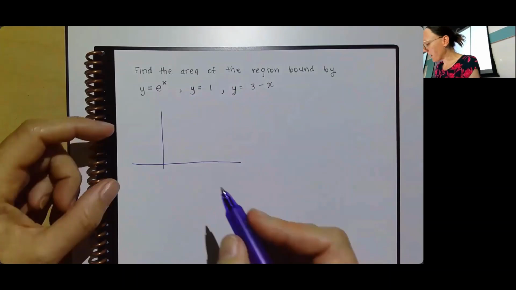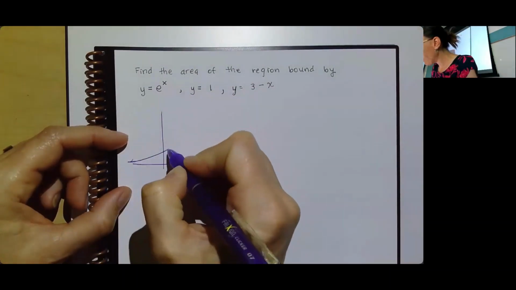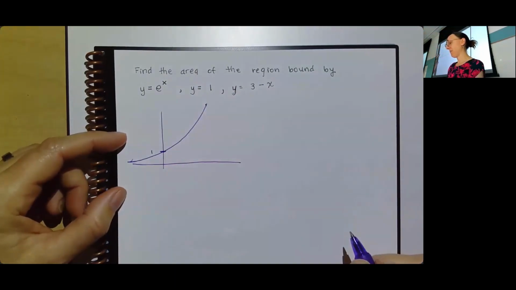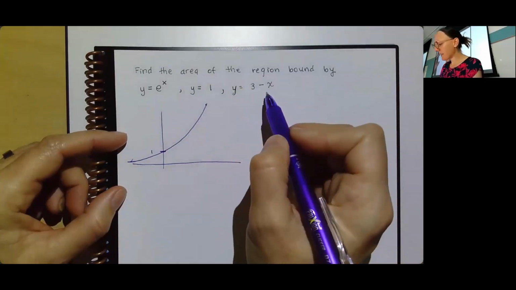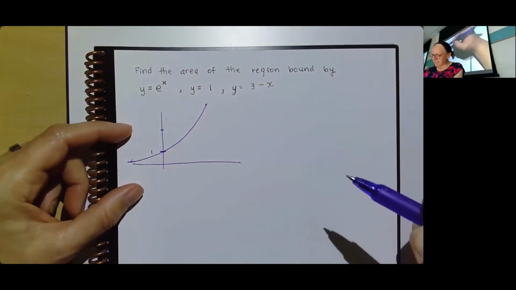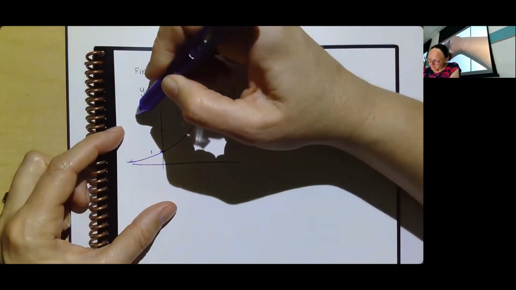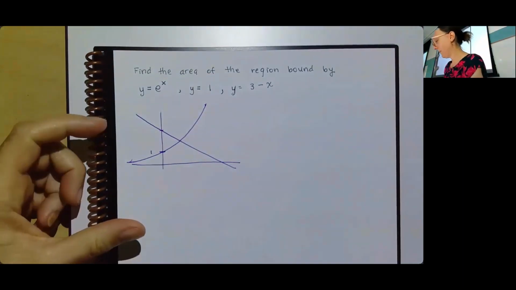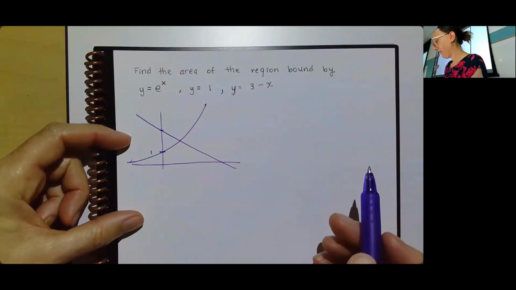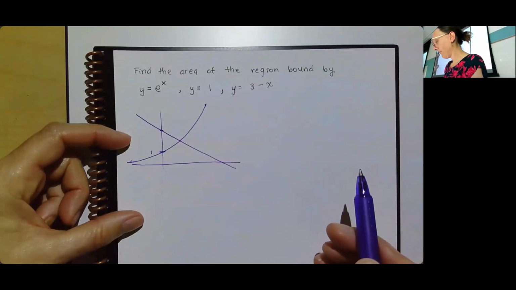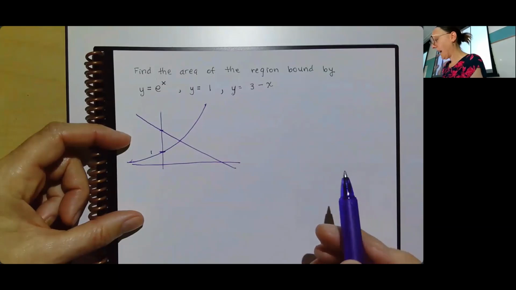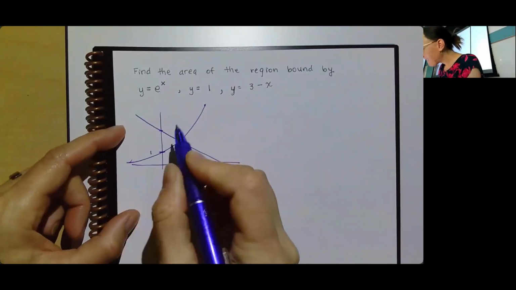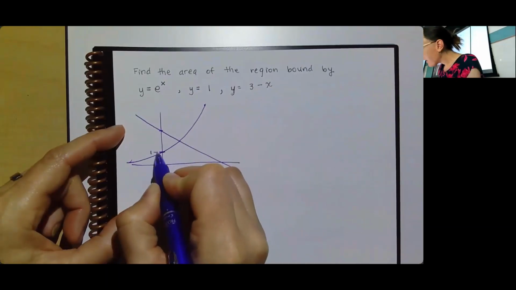So y equals e to the x, we should know has a y-intercept of 1. y equals 3 minus x, we should know has a negative slope and looks like this. And y equals 1 looks like this.